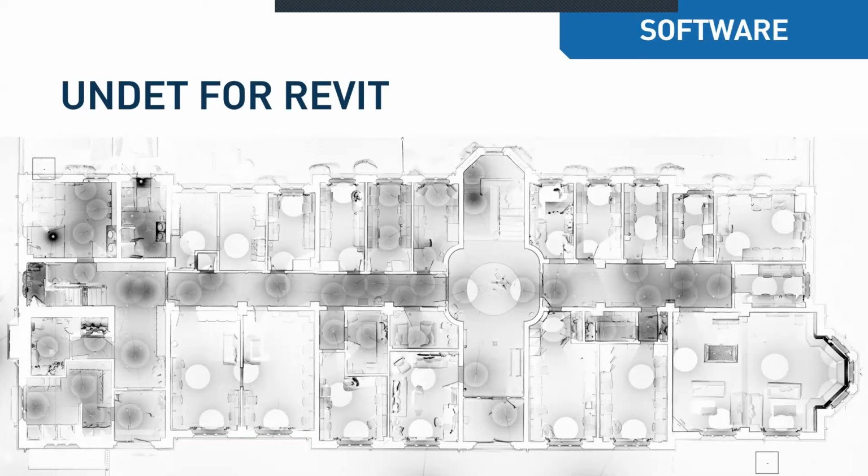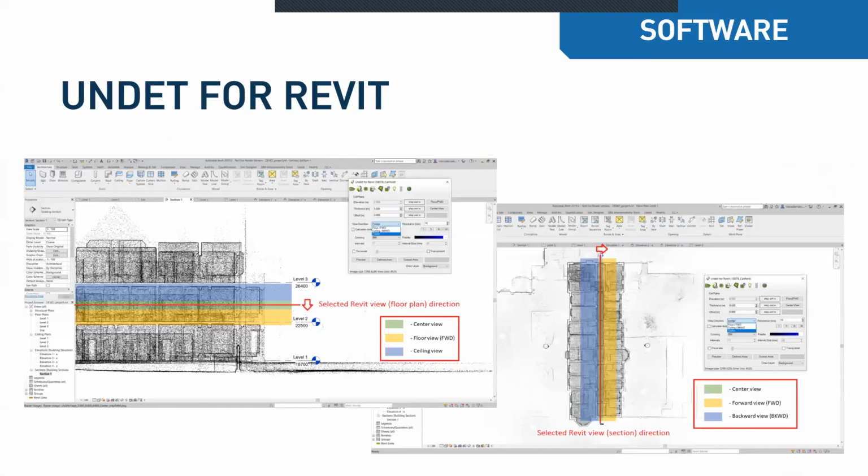And when you work with such data, REVIT will not slow down and will not lag. And the most important, this UNDET plugin will very easily integrate with your workflow process.